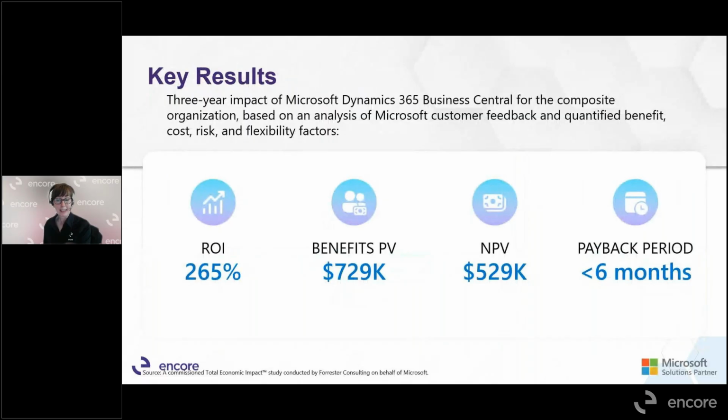So here are some of the key results. On average, ROI of 265%, benefit present value is 729, then the net present value was 529.